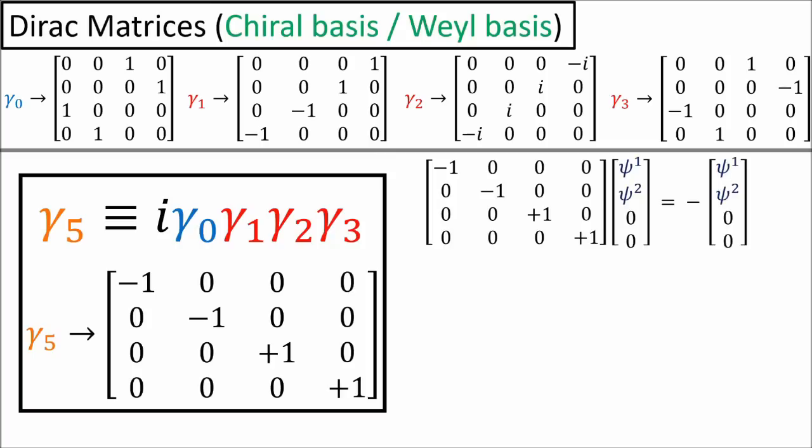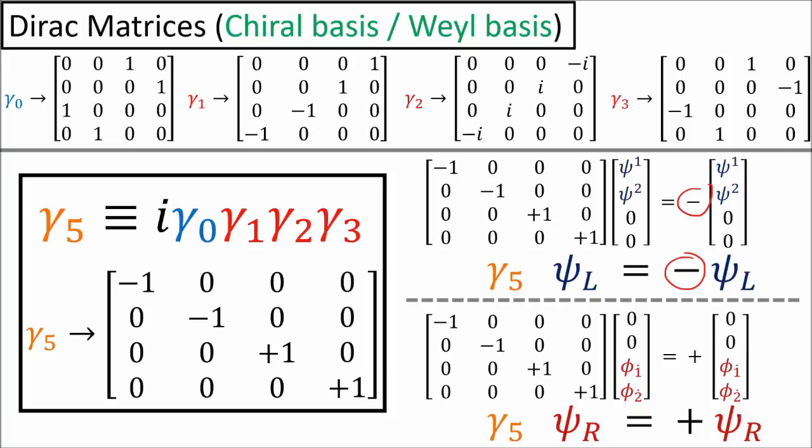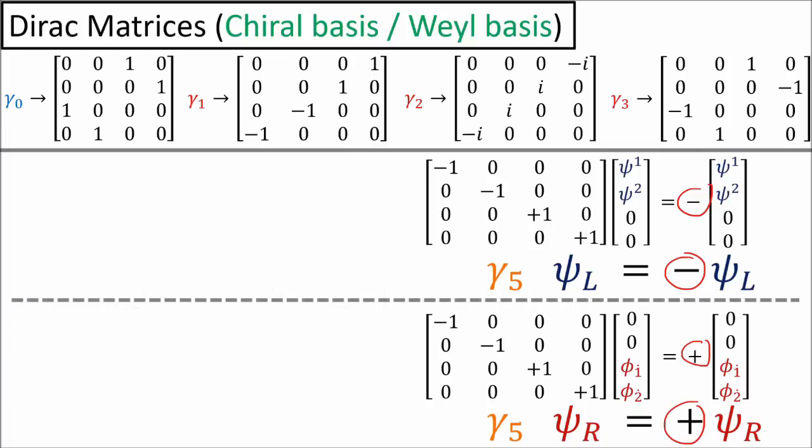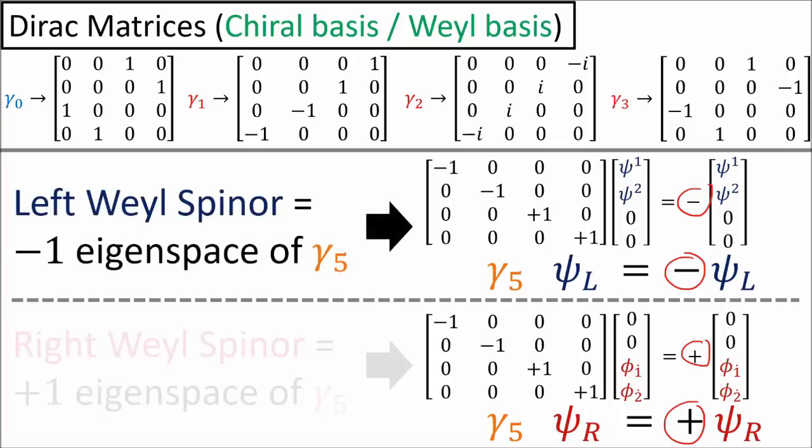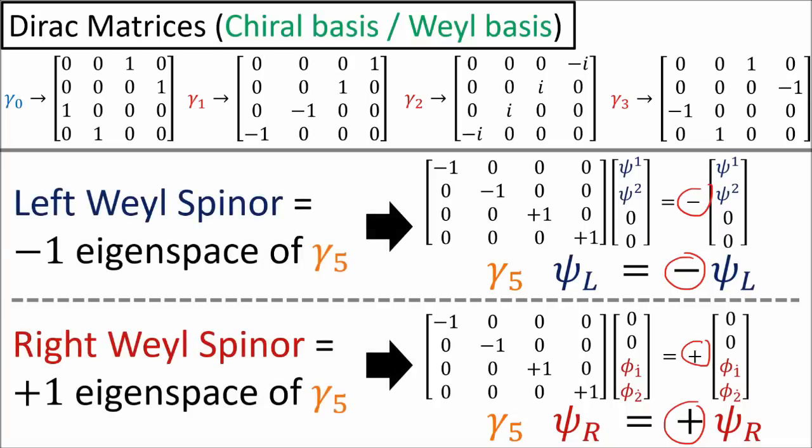If we multiply gamma 5 by a Dirac spinor with only the left components non-zero, we get that same Dirac spinor times -1. And if we multiply gamma 5 by a Dirac spinor with only the right components non-zero, we get that same Dirac spinor times +1. So left and right Weyl spinors are the -1 and +1 eigenspaces of the gamma 5 operator.